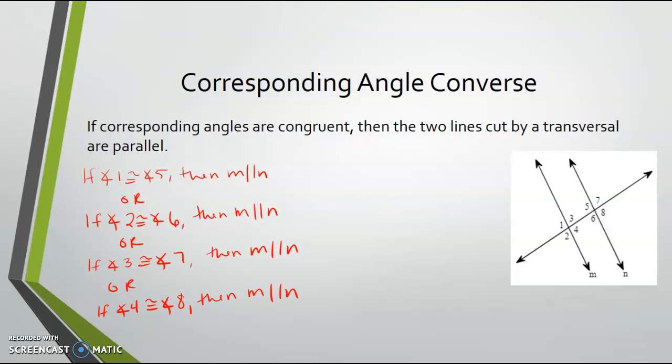Also, if I have a pair of corresponding angles that are not congruent, then that proves that my lines are not parallel.